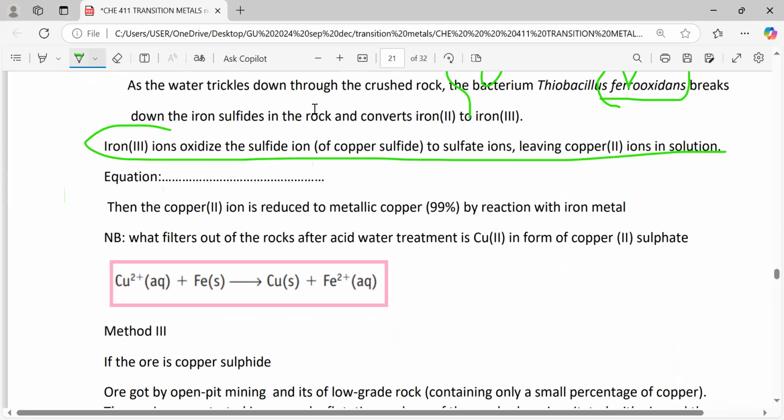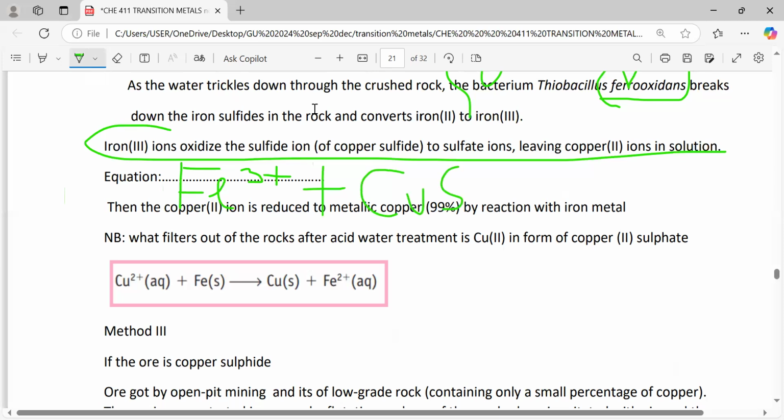So here, what do we have? We have iron 3 plus. We don't know which form of iron 3 plus, but we're told it's iron sulfide in the rock. It breaks down the iron sulfide to iron 3. Then iron 3 oxidizes what? Copper sulfide.